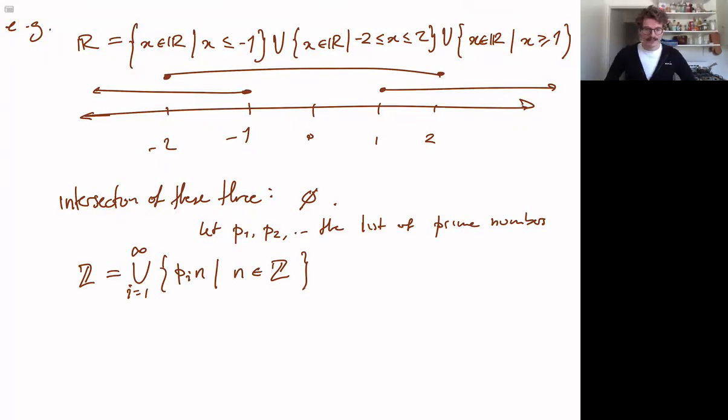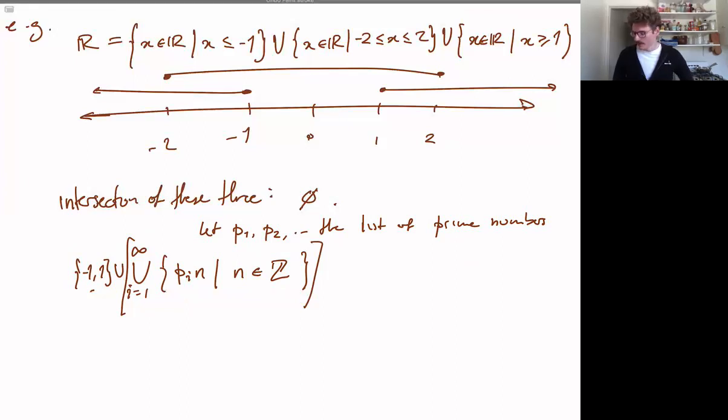And this is indeed what is written in my notes, but I'm realizing that I actually missed something. So let's modify this a little bit, because there are just a couple of numbers that are not divisible by any prime, and those are plus and minus 1. So if I take the union over all primes of the numbers divisible by that prime, I get all integers except plus minus 1.